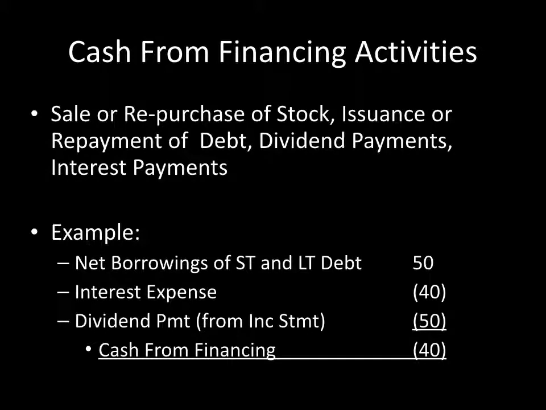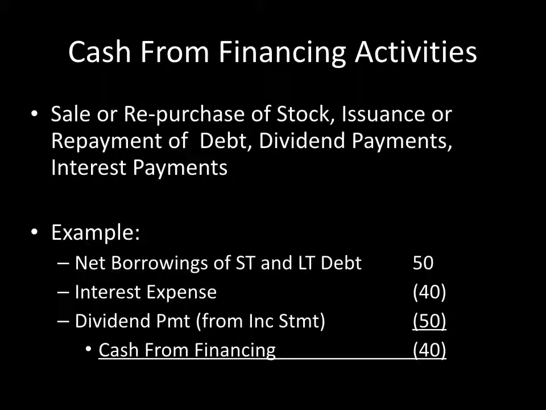We compare the balance sheet years between 2013 and 2014. The difference between those two would have shown an increase of $50,000, meaning that created cash for us. We had to pay some interest expense, which came right off the income statement, and also the dividend expense from the income statement. And so cash from financing activities ended up being a negative $40,000.